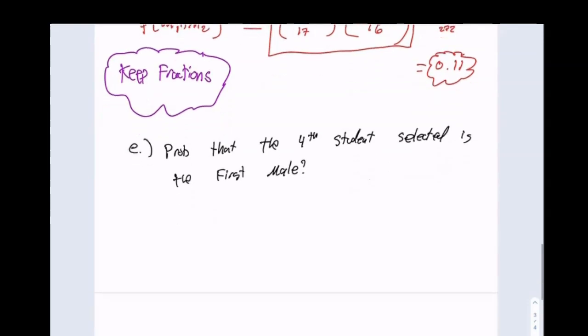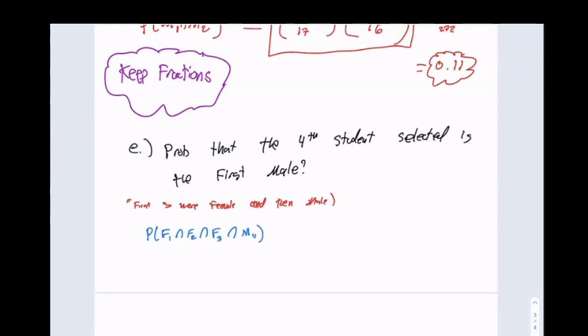Yeah, bam. So what this means in terms of interpretation is that the first 3 were female and then male. Now we can write this as the probability of a female and a female and a female and then a male.